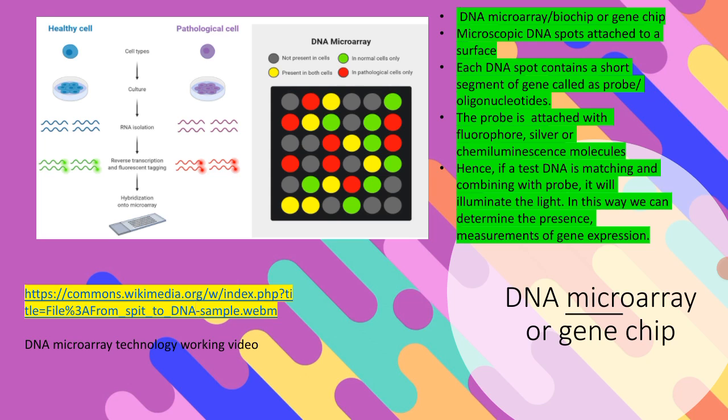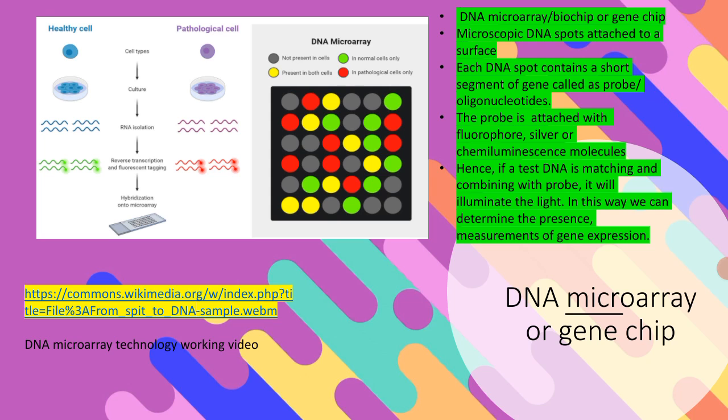So that's why there is no emission. Then the green color indicates the normal cell, meaning what? The green color will be emitted only when the normal cell sample binds to the probe. Then it will emit the green color.